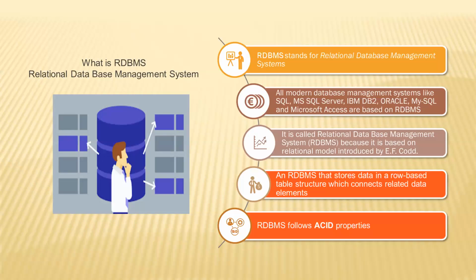RDBMS stands for Relational Database Management System. From the name itself, we can understand it is not going to be one table in an organization. There will be multiple tables, n number of tables in each system, and they should communicate with each other.